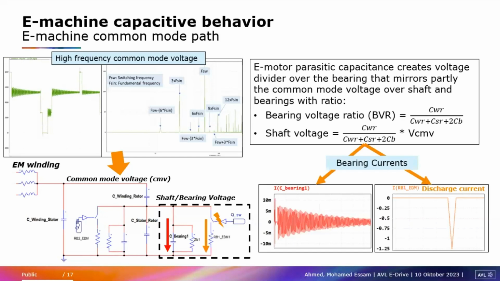And this will be basically a partial mirroring of the common mode voltage, as we talked before. And this voltage, if you have it here with high frequency and high amplitude, will create bearing currents.